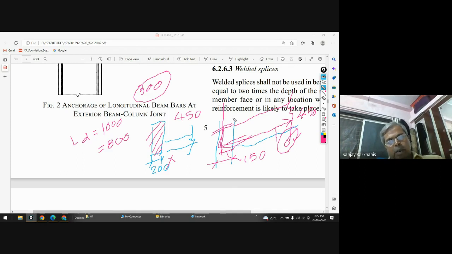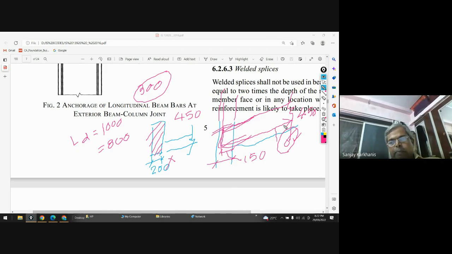And let's say this is your rooftop. What will happen? If there is a floor, then this column will be going up. But if this is a rooftop, what will happen? You are not getting sufficient development length. And then you will say, sir, I will bend like this. But that is not a good idea.